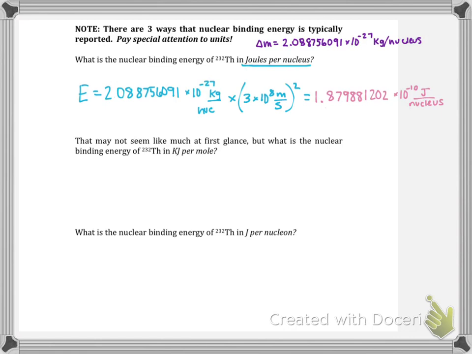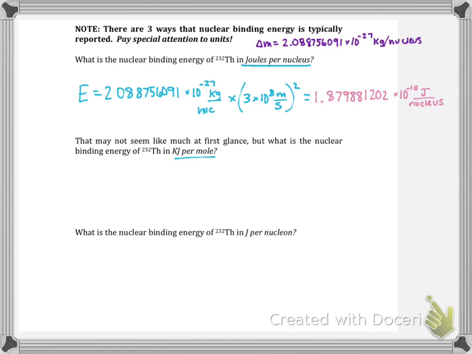Okay, so pretty small energy. But that makes sense because we're only looking at one nucleus. Okay, just one little teeny tiny nucleus. And so we can think about writing this in different units, which would be in kilojoules per mole. And so we'll just have to do some unit conversions.